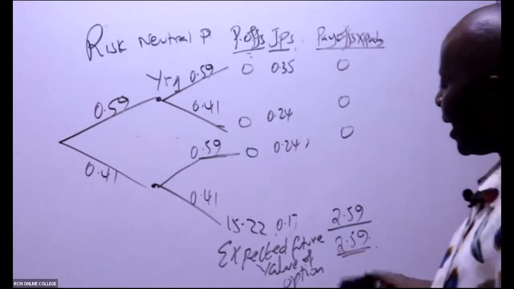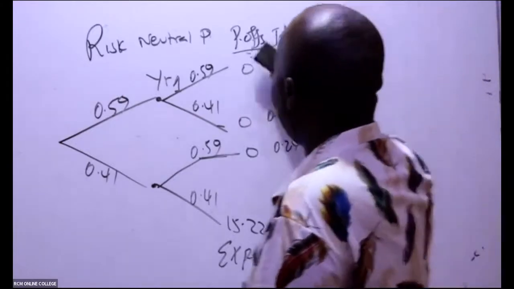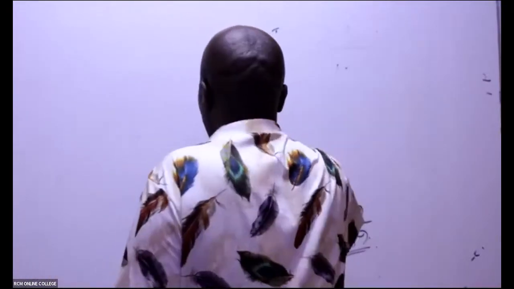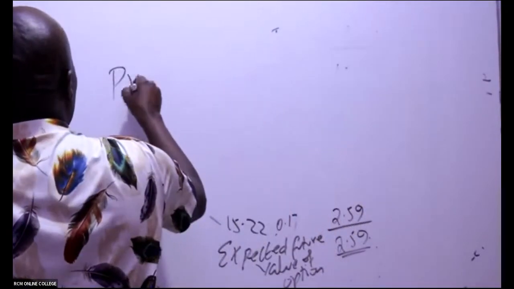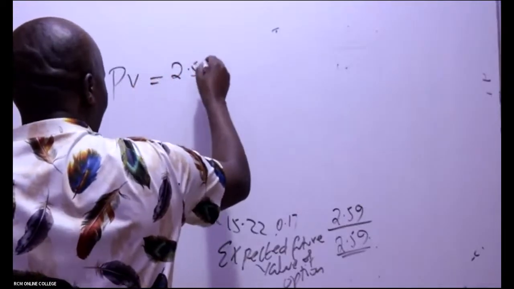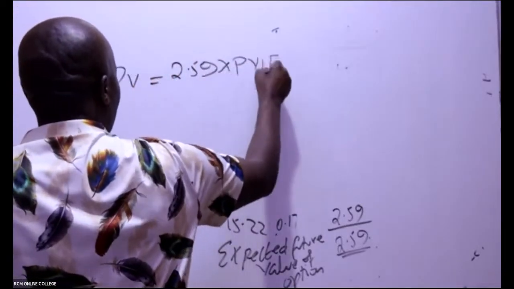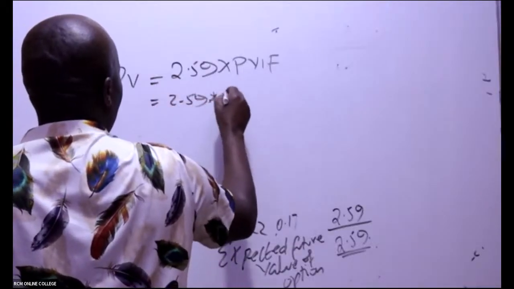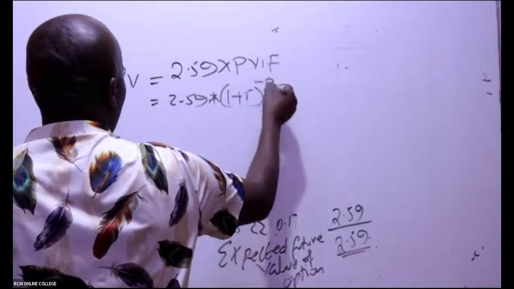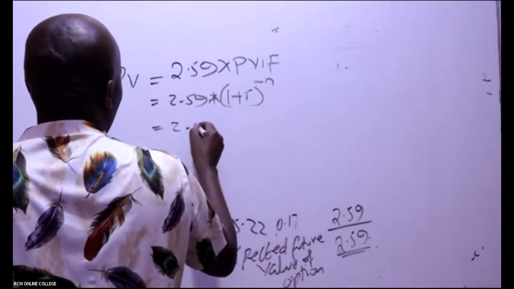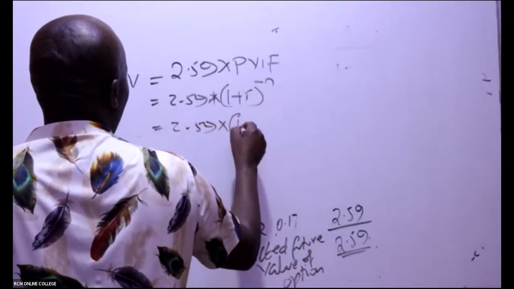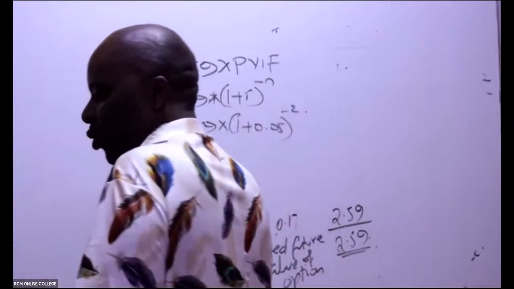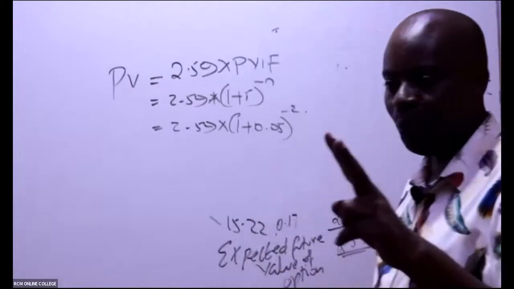To get the present value, take this 2.59 times the PV formula, which you gave me as 1 plus R raised to negative n. This is 2.59 times 1 plus 0.05 raised to negative 2, because it is 2 periods.